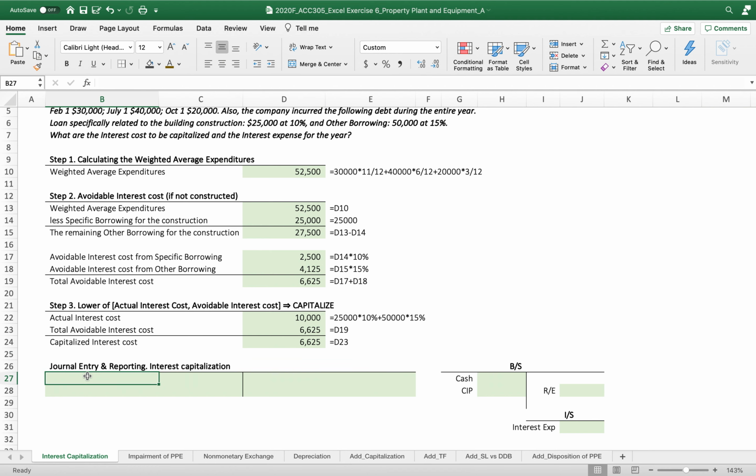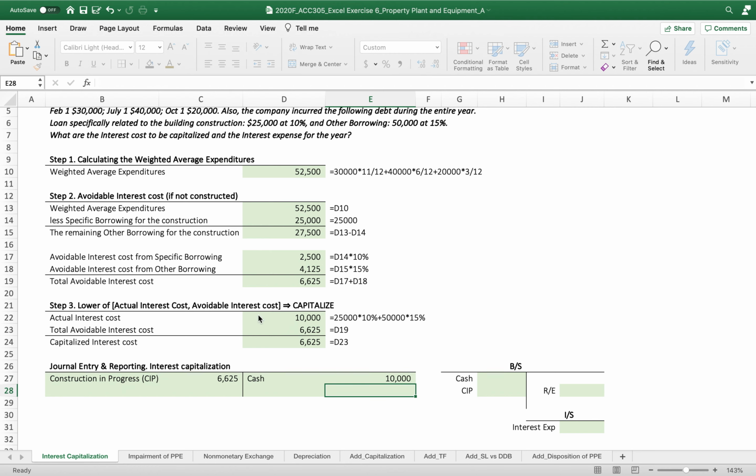So what account do we need? Yes, we put the construction in progress, which is the CIP account. So I put the 6,625. And then here, cash out for the interest expense here, 10,000, and then we put interest expense.